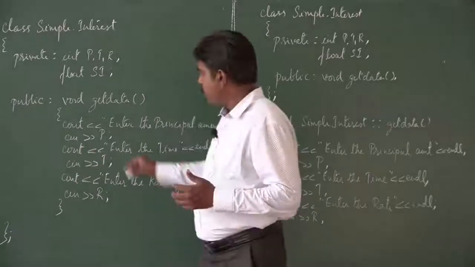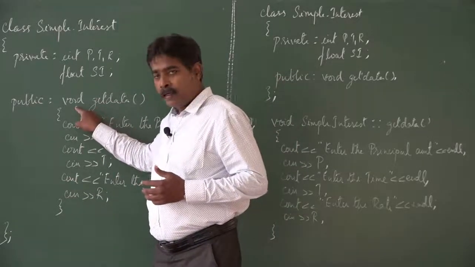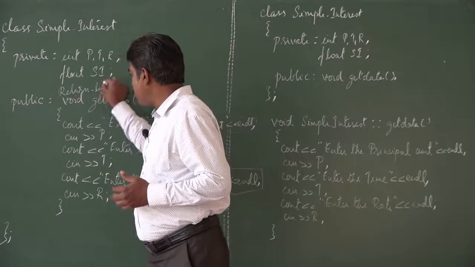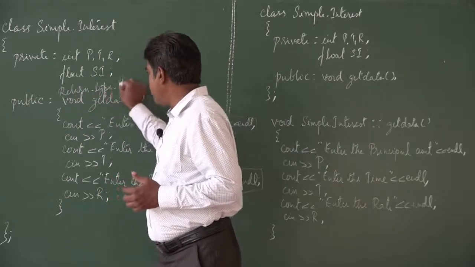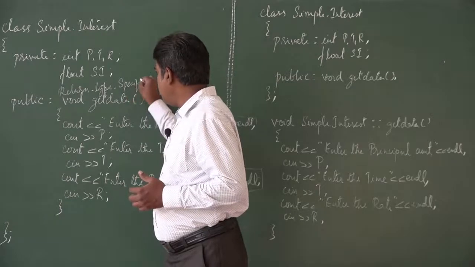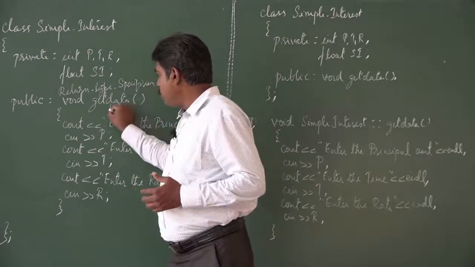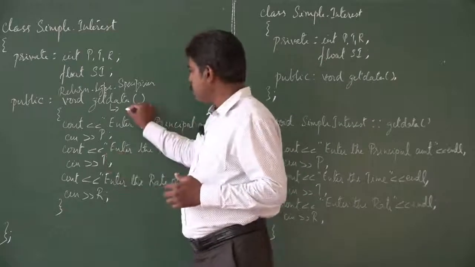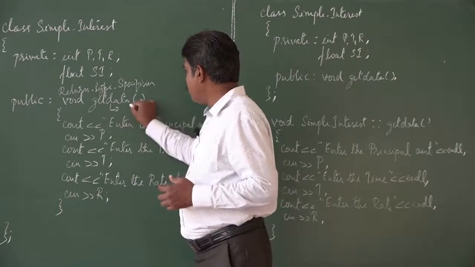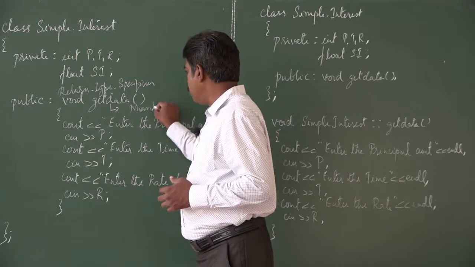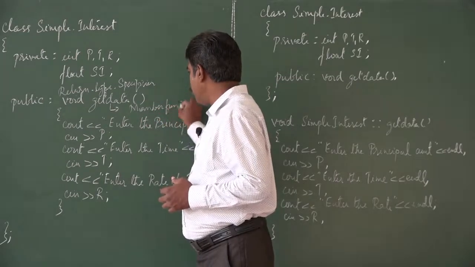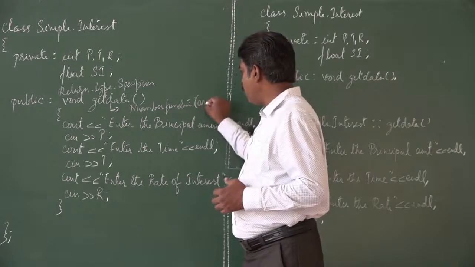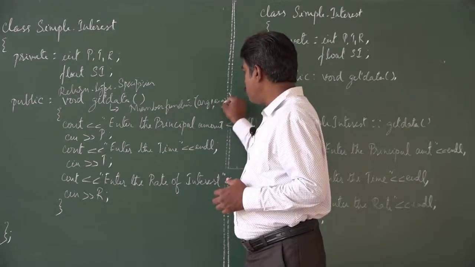That is, this will be the return_type_specifier, and then we have the member function name or the function name, and then within the brackets we are going to have the arguments arg1, arg2 and so on.